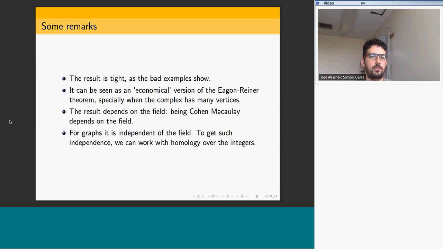There's a solution. Just think about the homology groups of integers, right? So if integer homology vanishes, you can say it vanishes for all the fields. And the universal coefficient theorem says that's actually equivalent. So that's an equivalence.